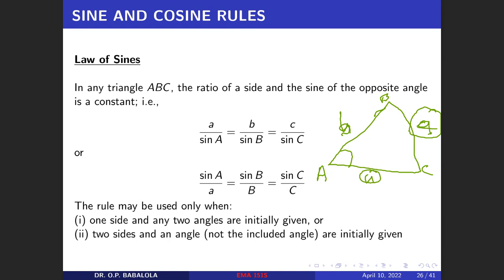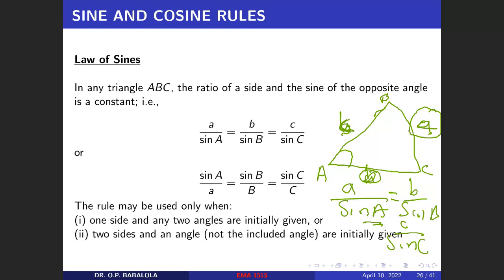This is A, this is C, this is B. So A over sine A is always equal to B over sine B, which is always equal to C over sine C. That's what we are saying. And this is basically the law of sine.